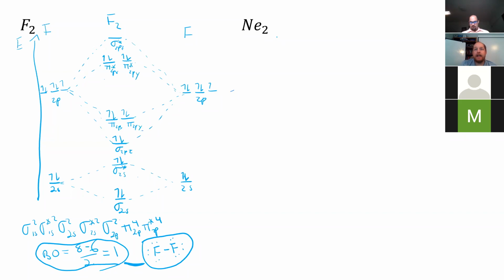Okay, finally, the last of the diatomic molecules and those predictions for periods 1 and 2 is neon. Now, each neon atom will have 2s and 2p orbitals, and there will be 8 electrons in the valence shell of each neon.